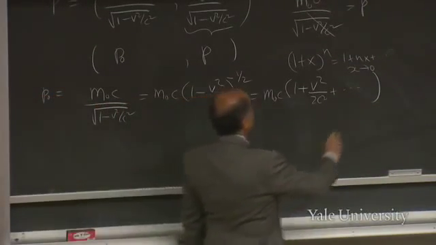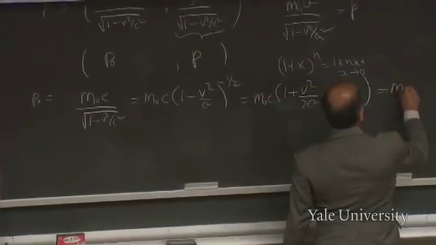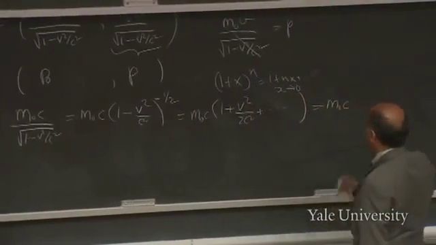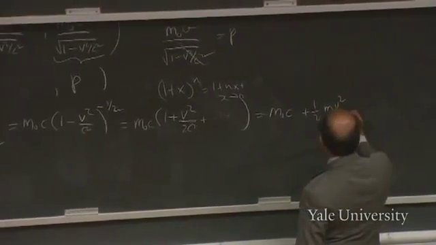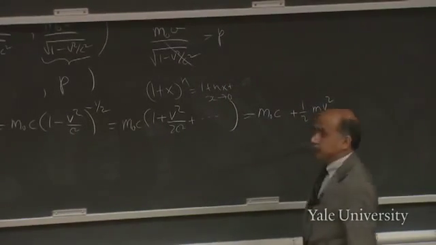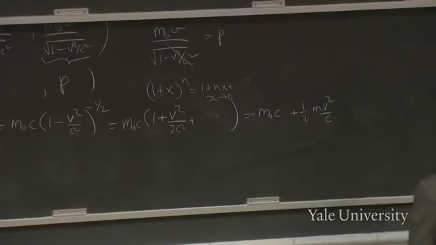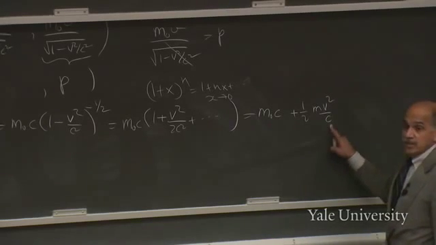So what are these terms coming out? Well, that's the first term for which I have absolutely no intuition. The second term looks like 1/2 mv squared divided by c. So for the first time, I see something familiar. I see the good old kinetic energy, but not quite, because I have this number c here.